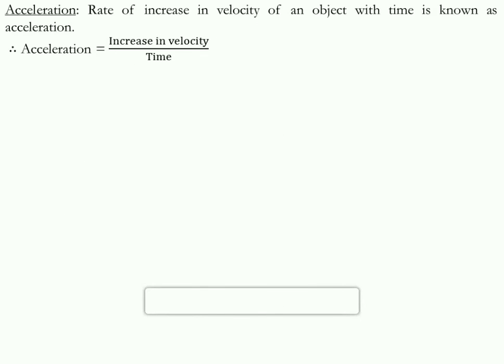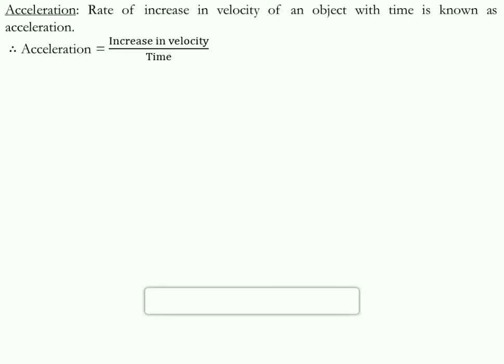Now let us know the last topic about this chapter, and that is acceleration. What is acceleration? Actually, acceleration is the rate of increase in velocity of an object with time. So when the velocity of any object is increasing with respect to time, then it is known as acceleration.